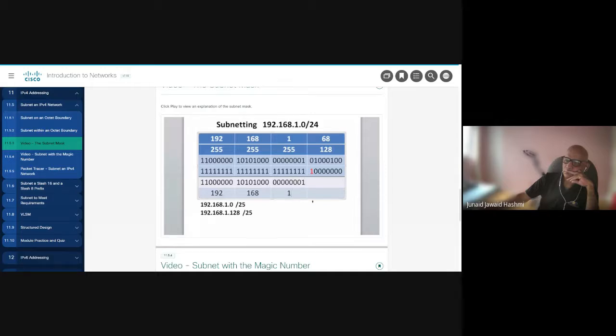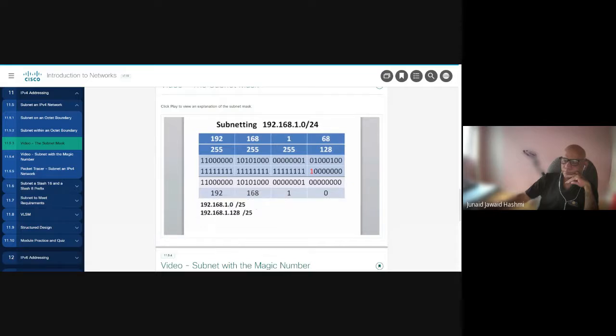Now if we look at this last octet, a false and a true makes a false. A true and a false makes a false. And then we get all zeros here. So the network address is the 192.168.1.0 network. So host number 68 is on the 0 network.